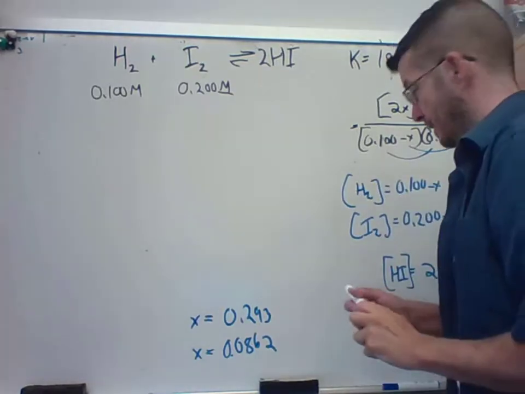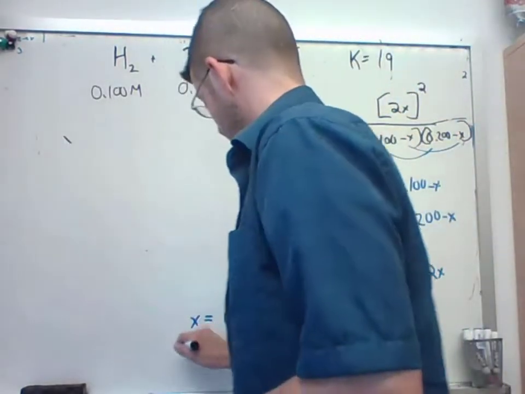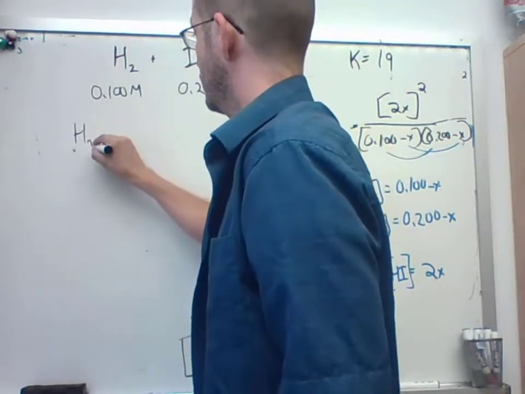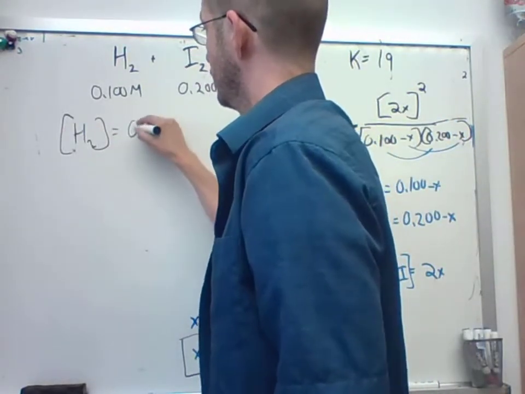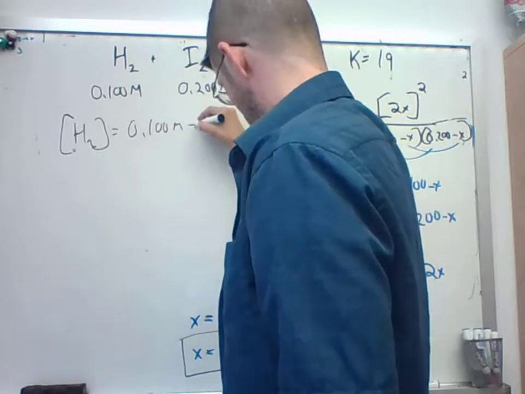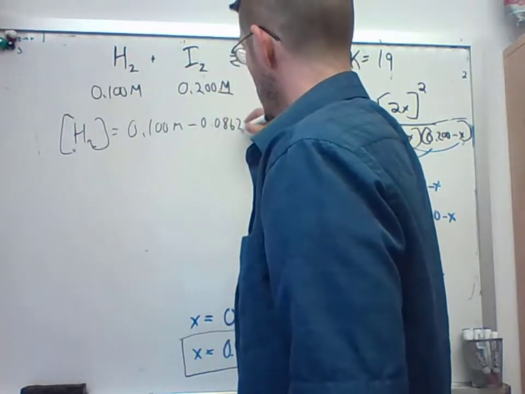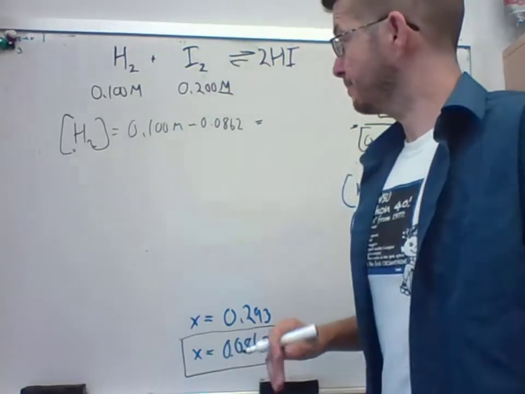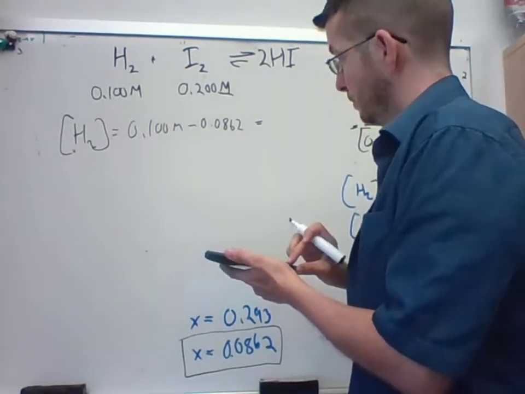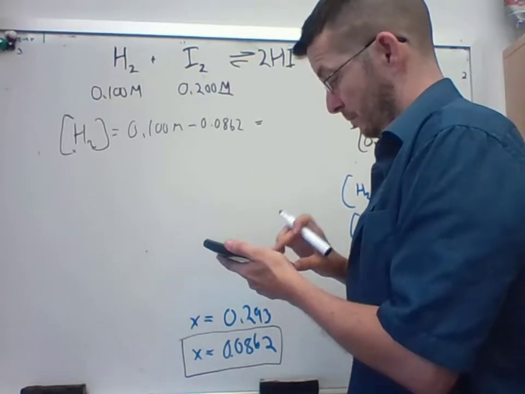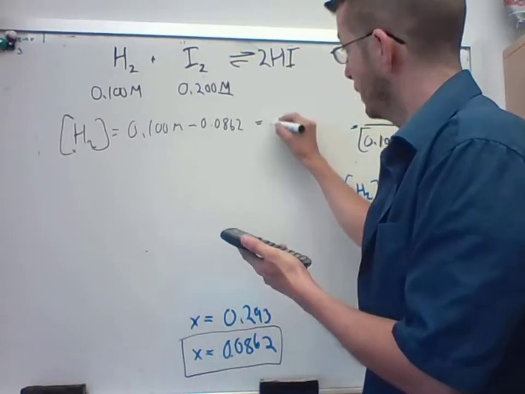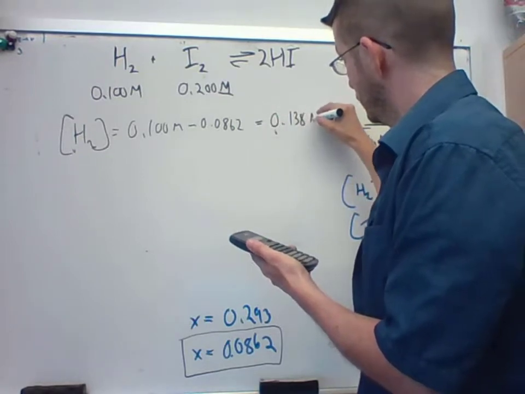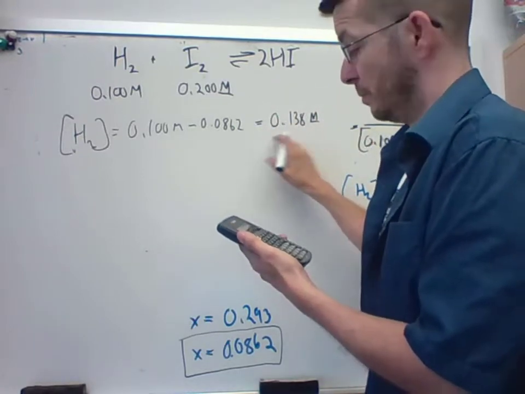If x is valid, then we know that the H2 concentration will equal 0.100 molar minus 0.0862 molar, which equals 0.0138 molar at equilibrium.